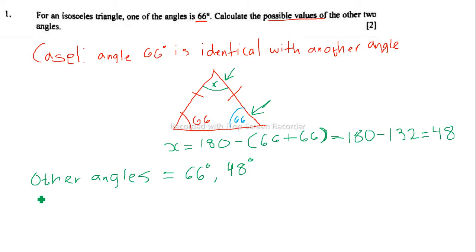In that case, the only other angles we have would be 66 and 48. But now we're dealing with the second case, where 66 is not identical with another angle. So let's write that now. Case 2.